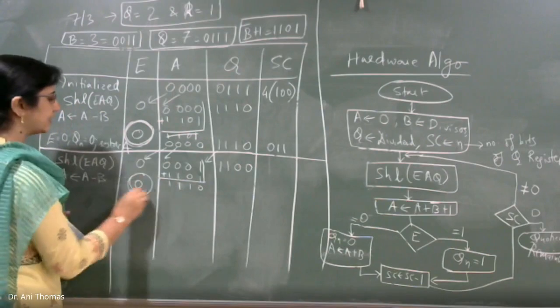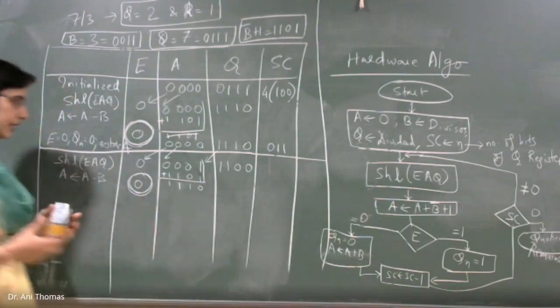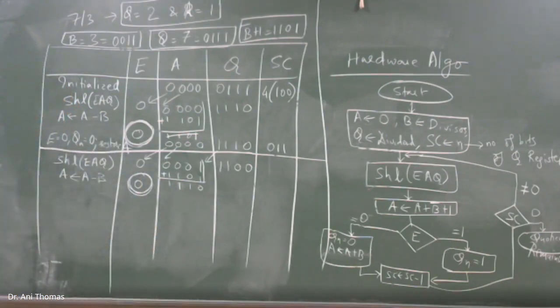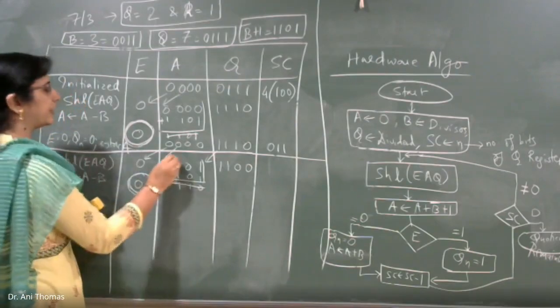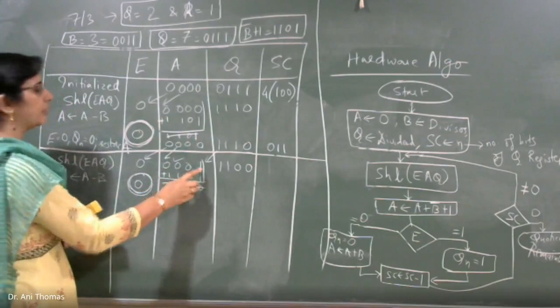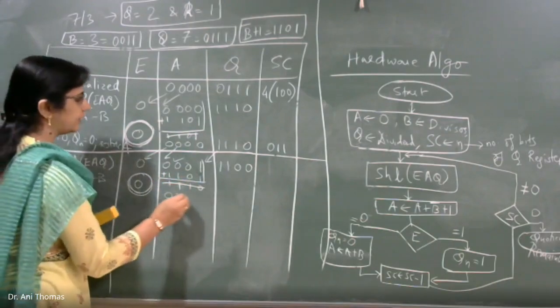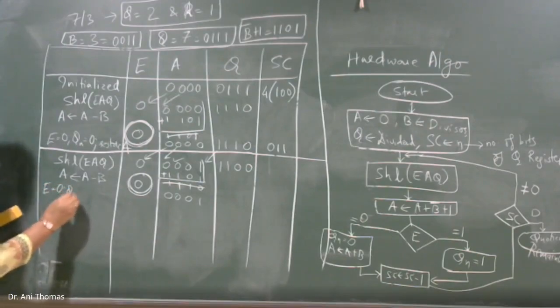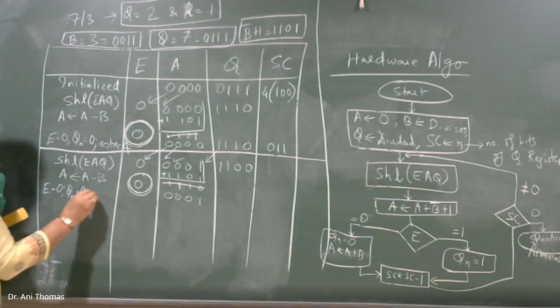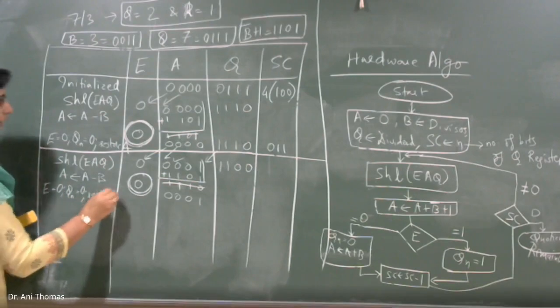Again the value of E is 0. So we will not keep this value, we will retain the value 0, 0, 0, 1. So what will we write? E is 0, so Qn is 0 and restore A.